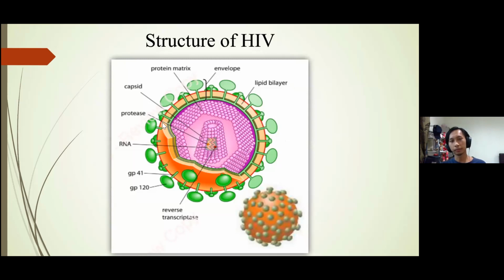Underneath the viral envelope lies the protein matrix, which also links to the capsid, the protein capsule that encapsulates the genetic material, RNA, and important enzymes such as protease and reverse transcriptase.